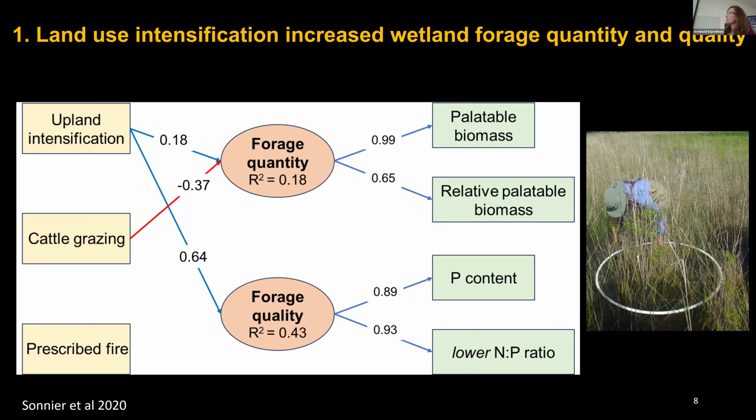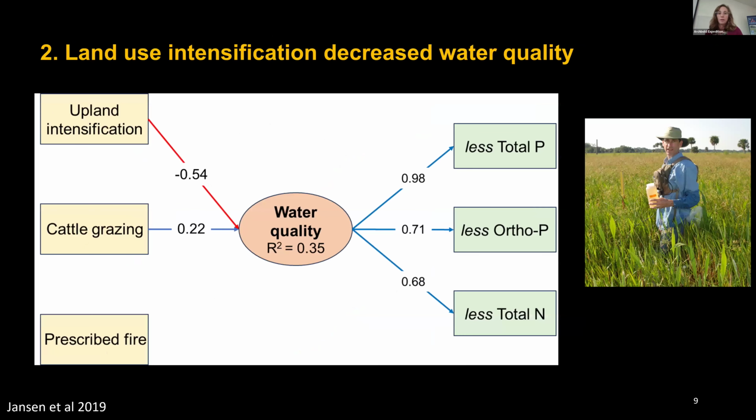What this is showing is that upland intensification, so that's the improved pastures, had a positive effect on forage quality and forage quantity. Cattle grazing actually had a negative effect on quantity because they're eating and removing a lot of the biomass. The R-square value is the goodness of fit measure of these models, and these values indicate effect size.